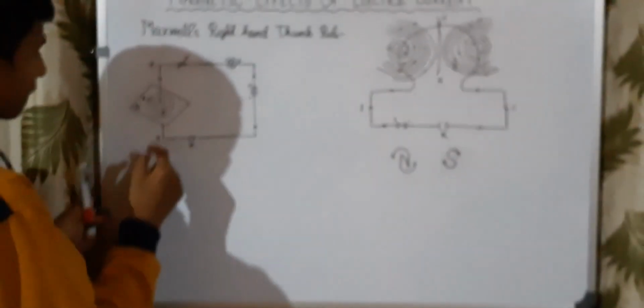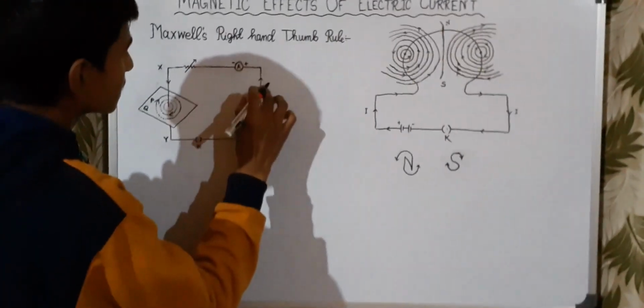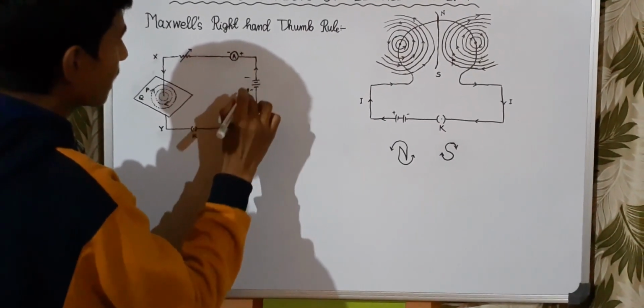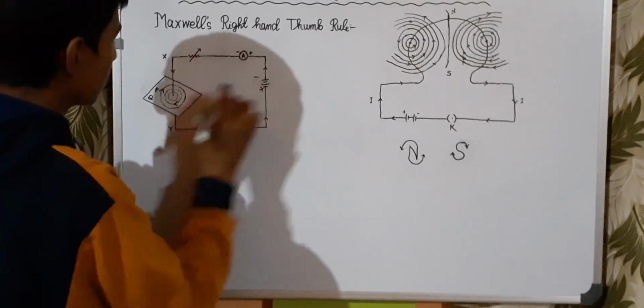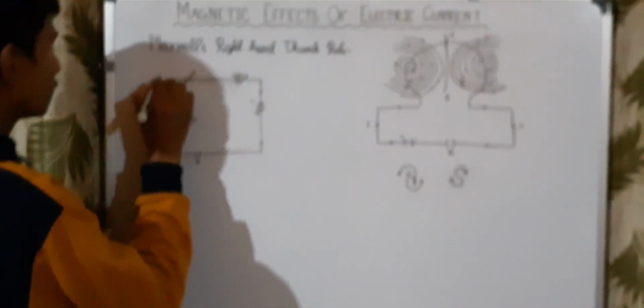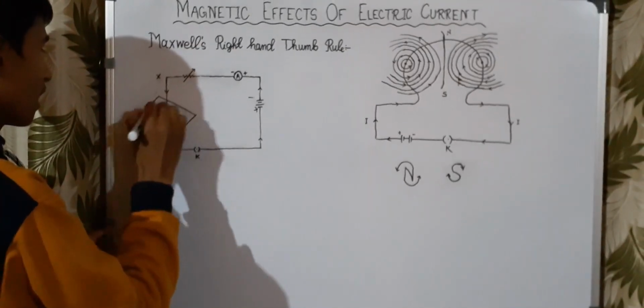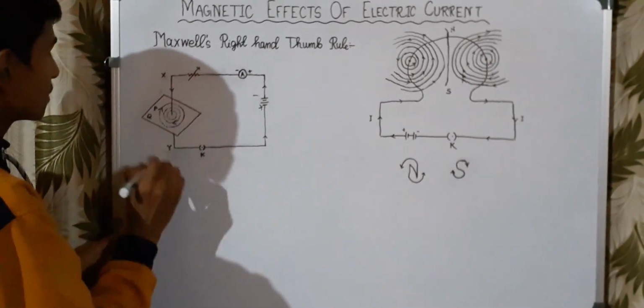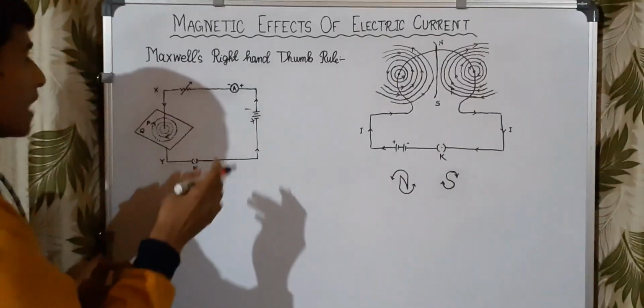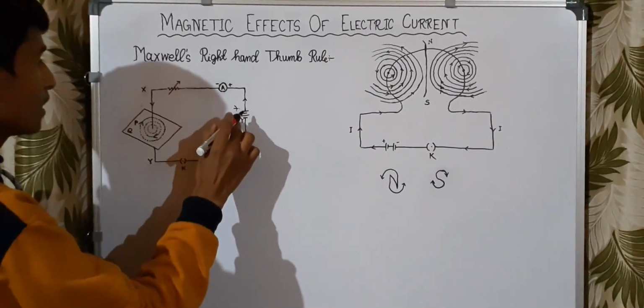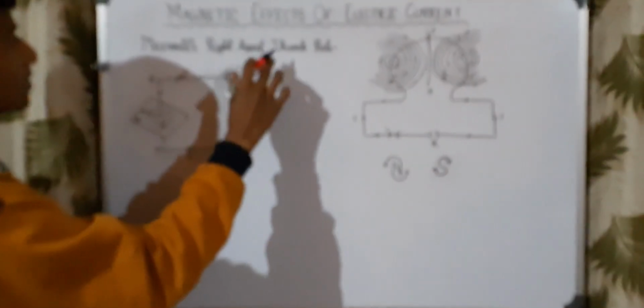But if I change it, suppose the negative becomes positive and the positive becomes negative, then the direction of the current will be from Y to X, and the direction of the concentric circles would change, that is, it would become anti-clockwise. And from here we get a rule known as Maxwell's right hand thumb rule.